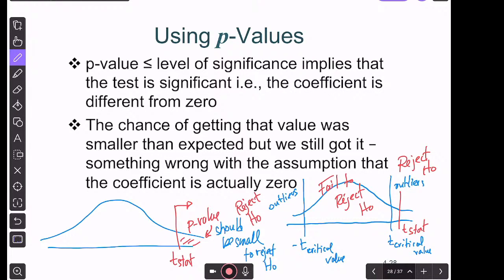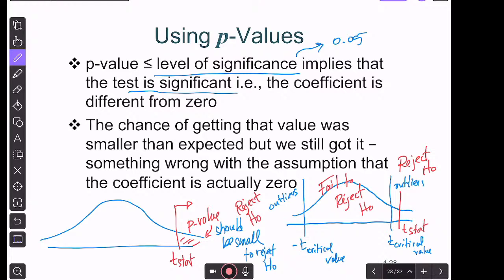So what you're going to look for is a p-value that is small, smaller than what we call the level of significance, and that's usually set to be about 5%. If it's smaller than a 5% chance of seeing that result, then the test is significant. You did find a trend, reject the null hypothesis.